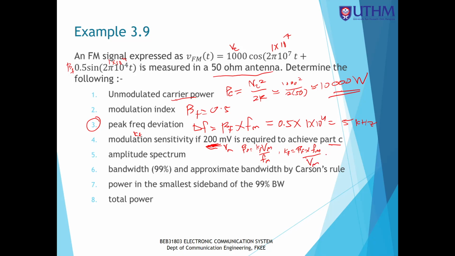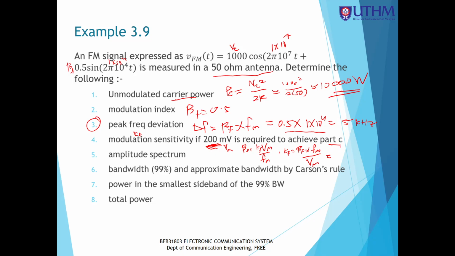We already know beta F multiplied with FM from part C, from part 3, which is 0.5 multiplied with 10 kilo. So we get 5 kilohertz.